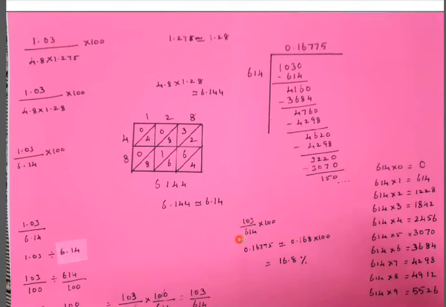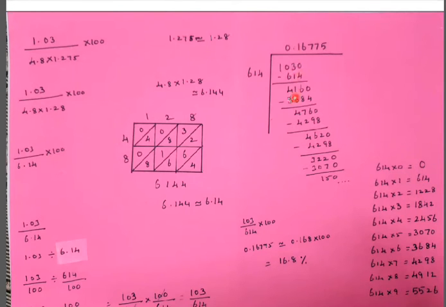Here 103 divided by 614 into 100. 614 does not go into 103, because 103 is less than 614. So I put a 0, keep the decimal point and add a 0, so now it is 1030. Less than 1030 in the table of 614 is 614 itself, so one time.